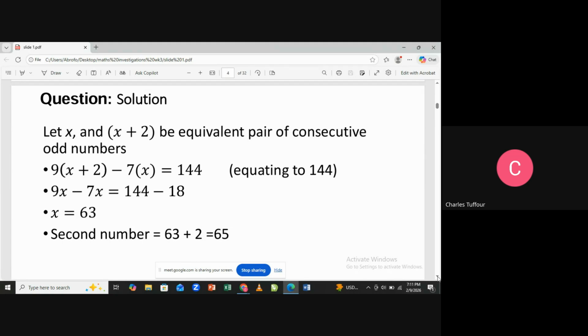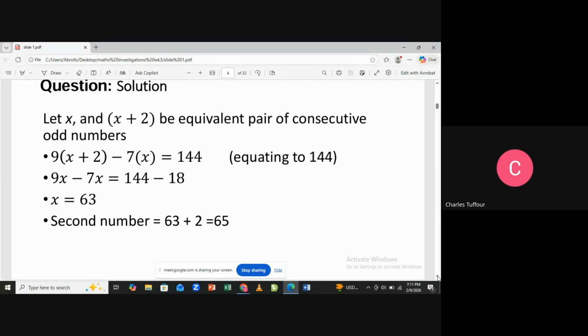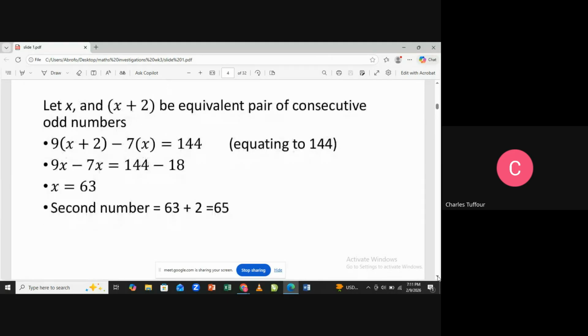Expanding and equating, I am getting 9x minus 7x equal to 144 minus 18. x is equal to 63. Remember, x will be my first number because I denoted the first number by x. Then move on to the second number. It's x plus 2. So I am adding 63 to 2 to get 65. That is my second number.